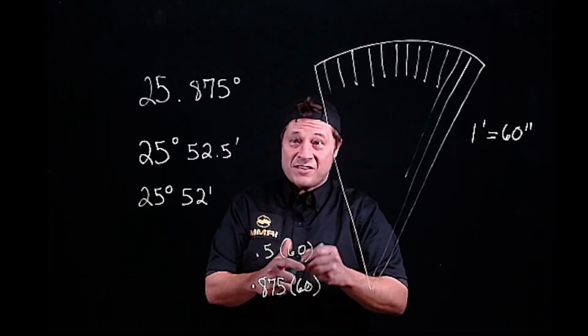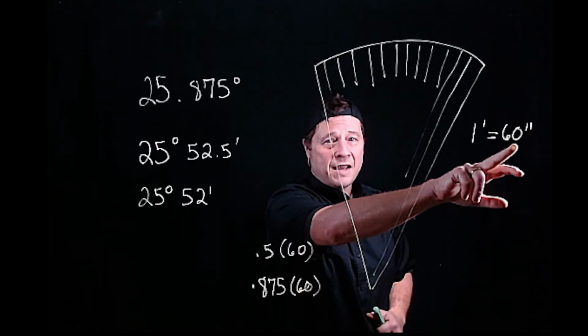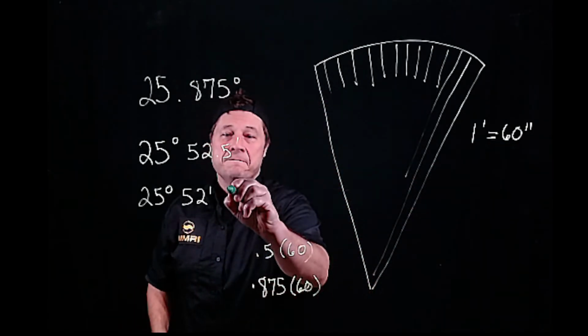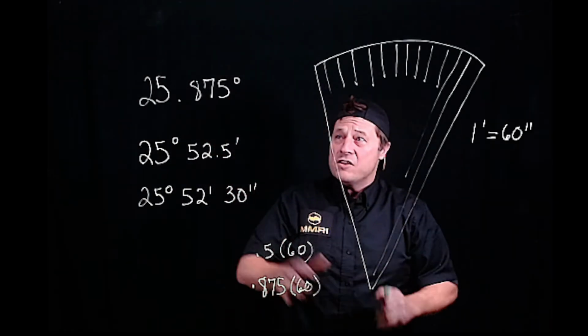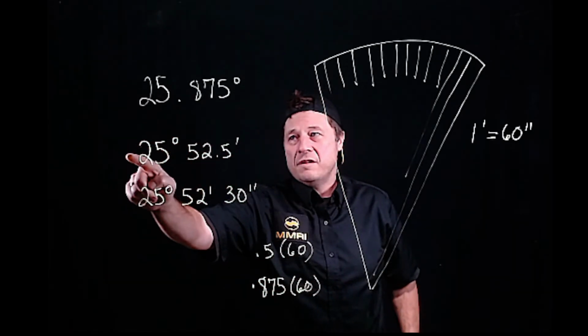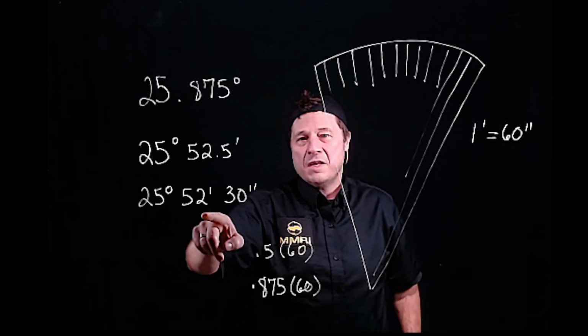Because again, 60 is the multiplier because there are 60 seconds in 1 minute. So 0.5 times 60 is 30 seconds. So a decimal degree can be converted into degrees and minutes, and degrees, minutes, and seconds.